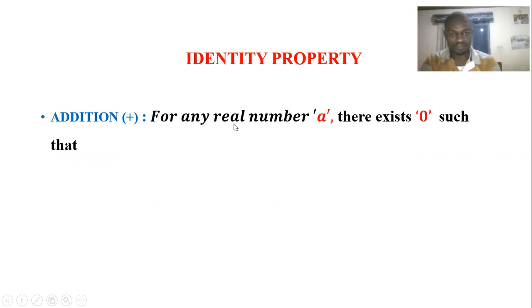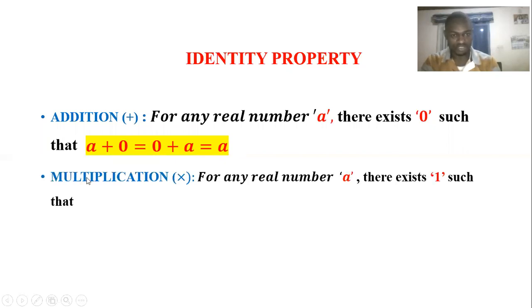Addition, for any given number A, there exists 0 such that A plus 0 is equal to 0 plus A, which is equal to A. Multiplication.